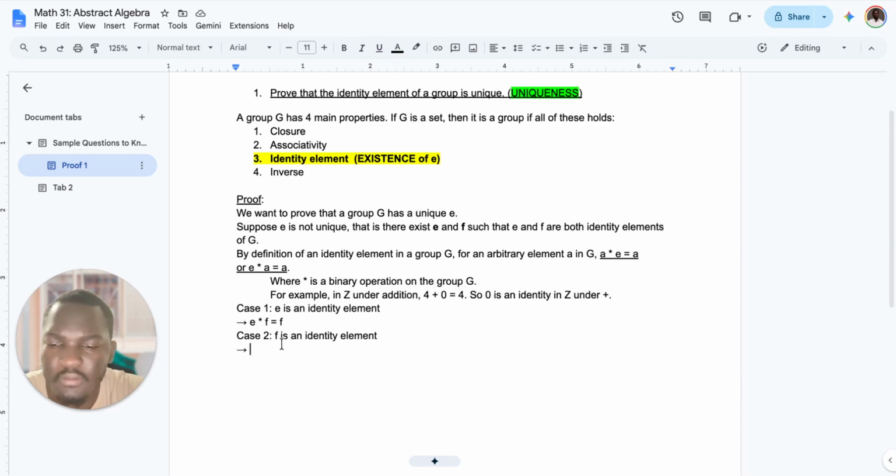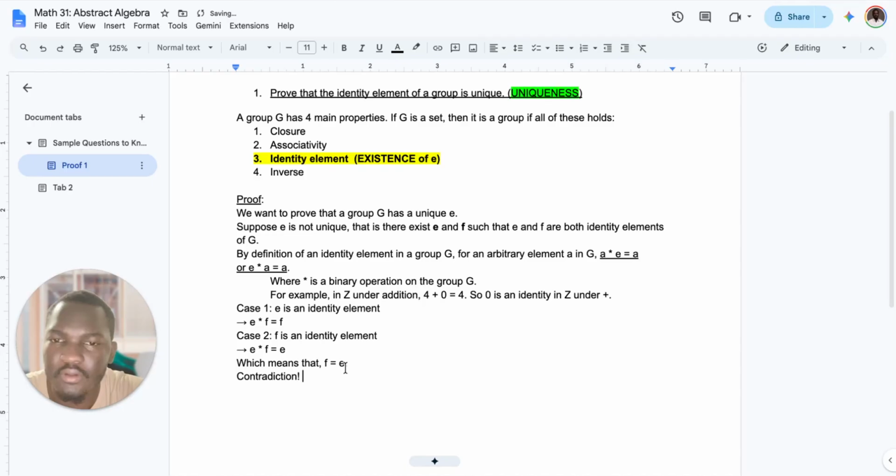So if we have E star F, and now F is the identity, we should get E. But the left-hand side is exactly the same as the one from case one, which gives F. It means F must be equal to E. Contradiction.